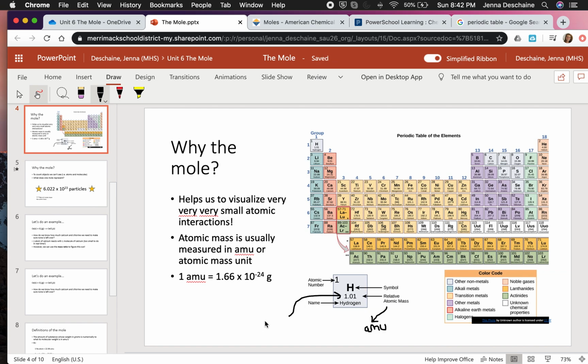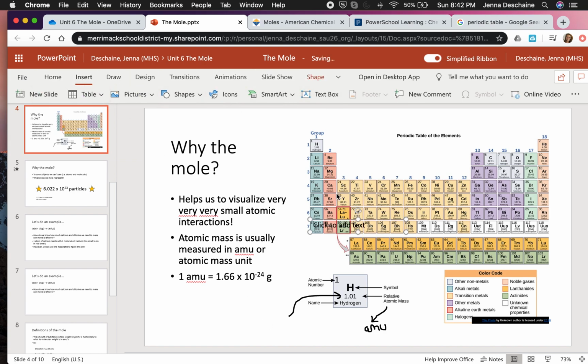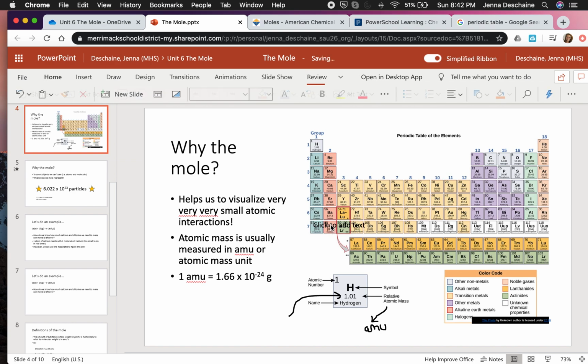Okay? So this is also the molar mass of hydrogen in grams.